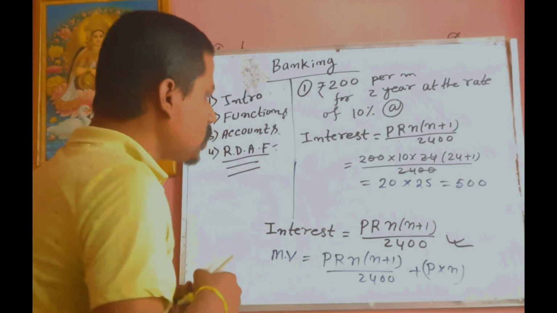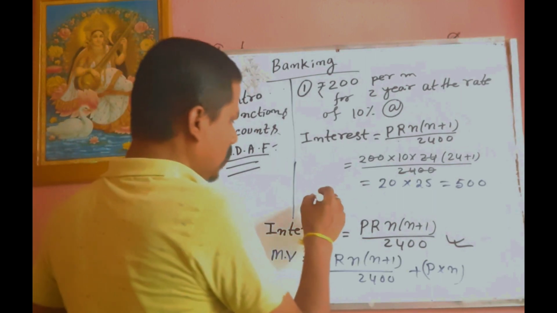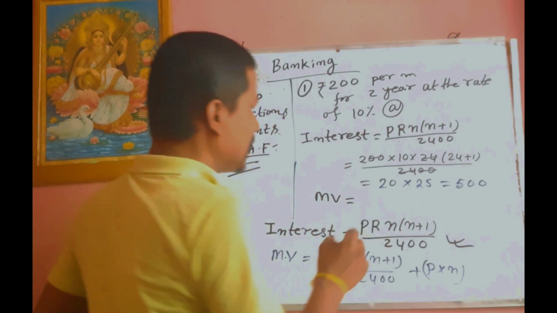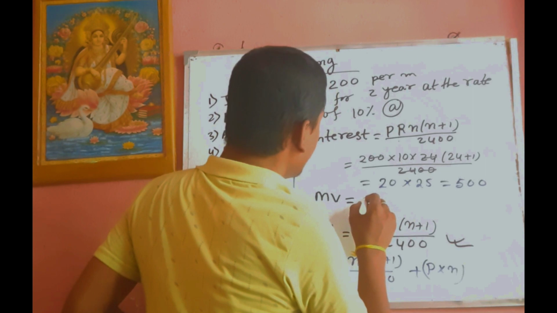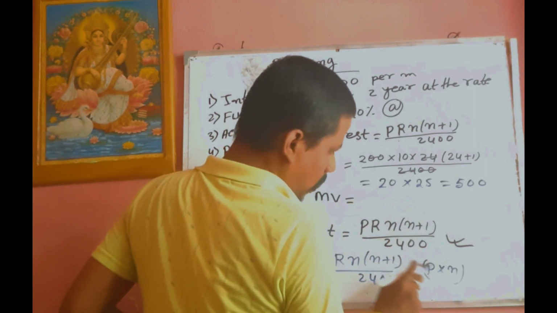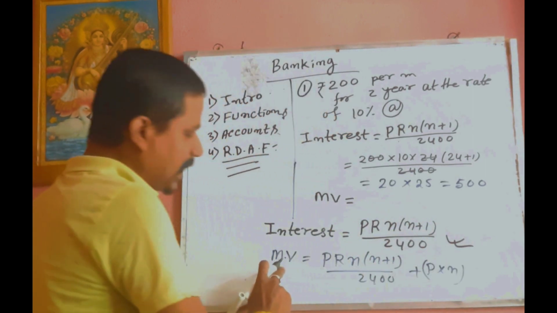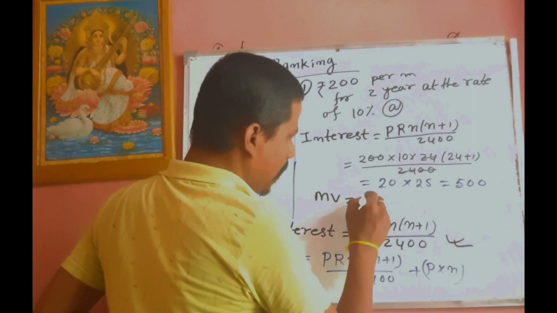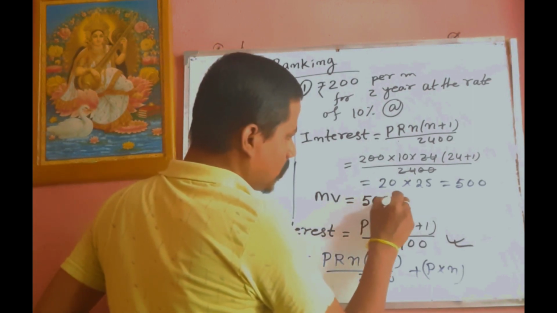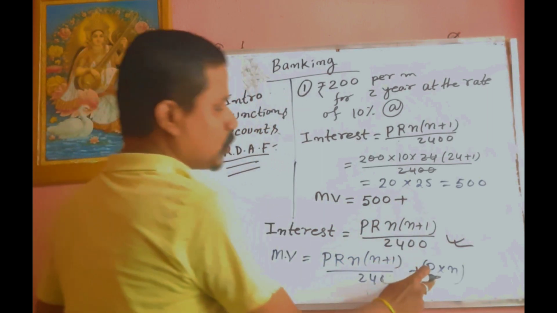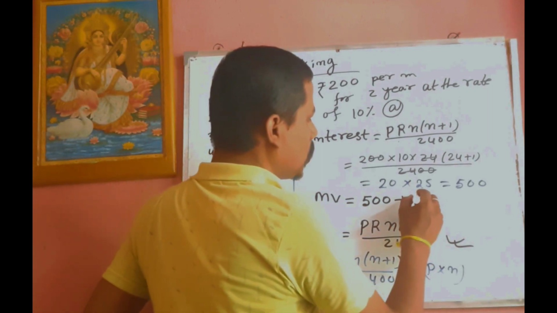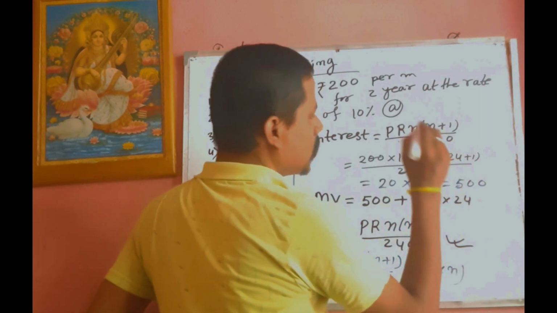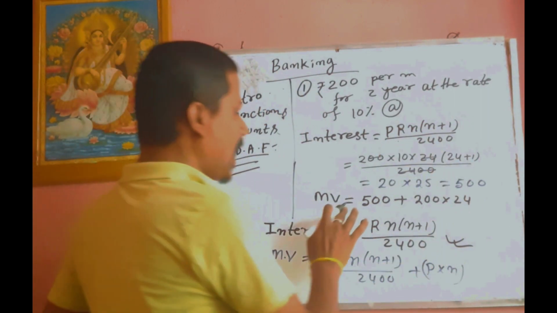And the maturity value for that person will be, we are using this formula, 500 plus P into n, where P is equal to 200 and n is equal to 24.